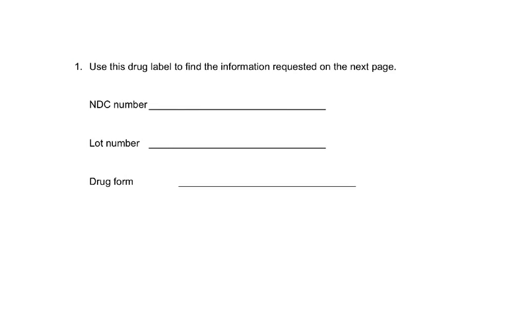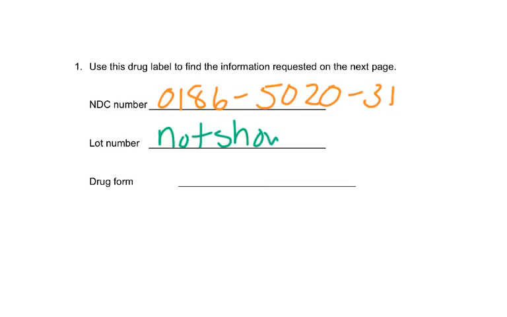The NDC number is the National Drug Code number, and you can see that right above the Nexium. It says 01865020031. The lot number, again, is shown on actual prescriptions. It's not shown in these examples.